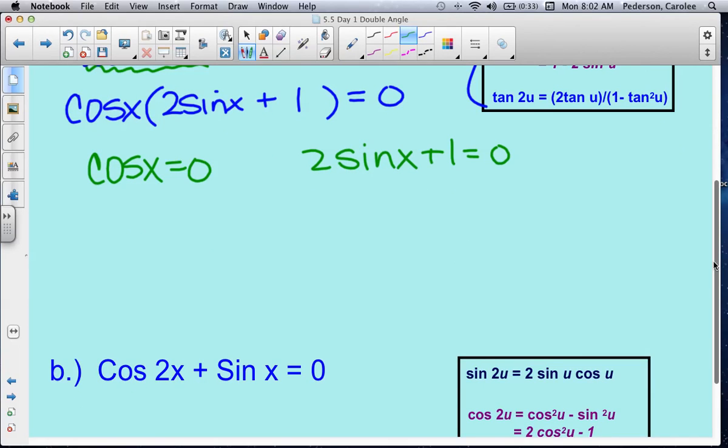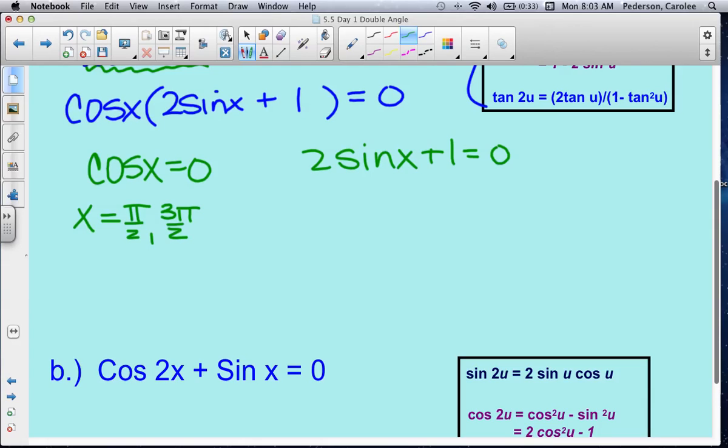Where on the unit circle does the cosine of x equal 0? Again, we want to use the unit circle. So x is pi over 2 and 3 pi over 2.